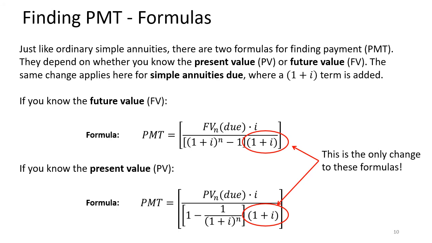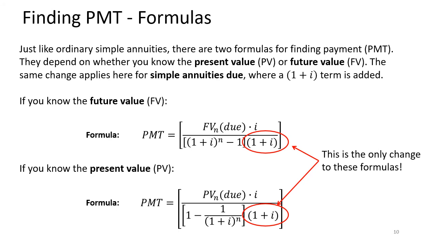So our last item we're going to talk about, again, I'm not going to talk about finding the number of payment periods n, just because the math gets a little bit trickier with this additional term. But finding payment, again, is exactly the same. It depends if you know the future value or the present value. But again, this 1 plus I, or additional interest term, is added to the equations to make up for that additional interest that's being earned.